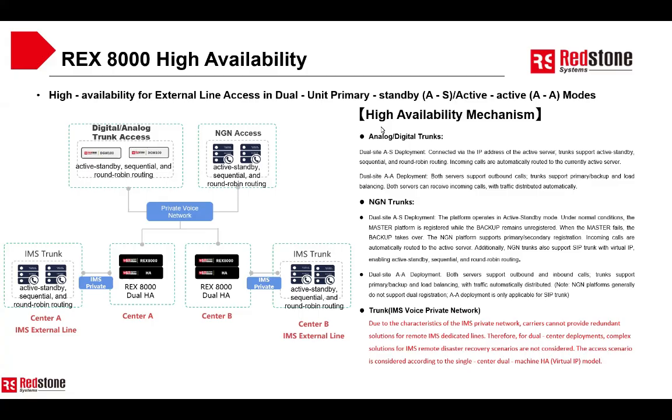In this scenario, it may not be possible, because your carrier may not allow you to register an account from place A, and sometimes even in the same city. So sometimes in this scenario, we have to use the SBC, right? I'm sure I'm saying the right things.